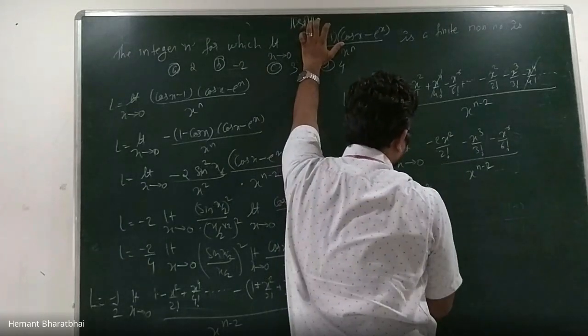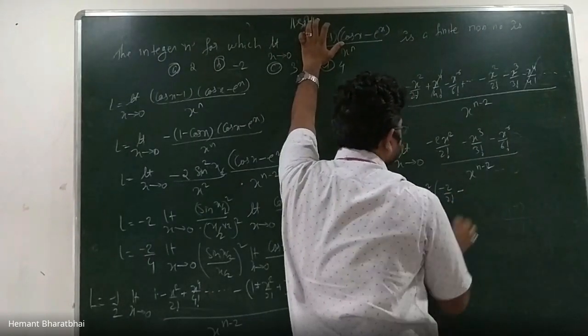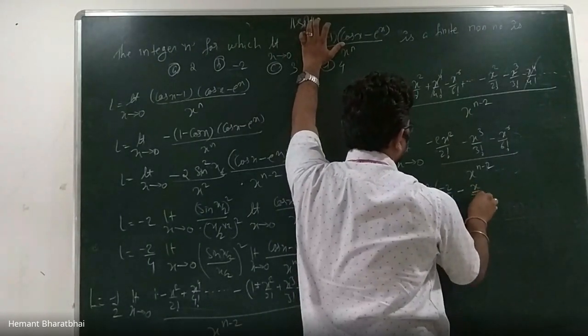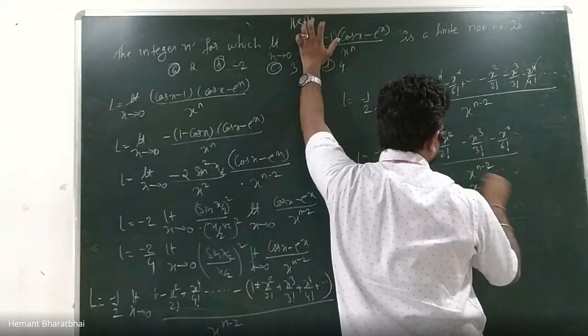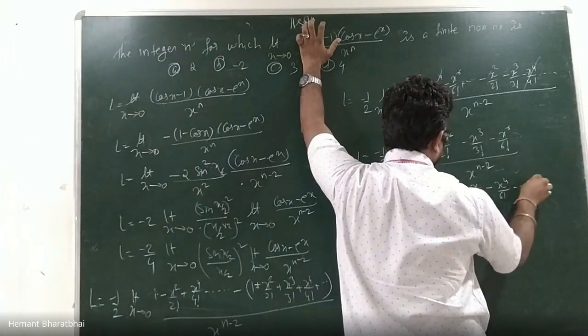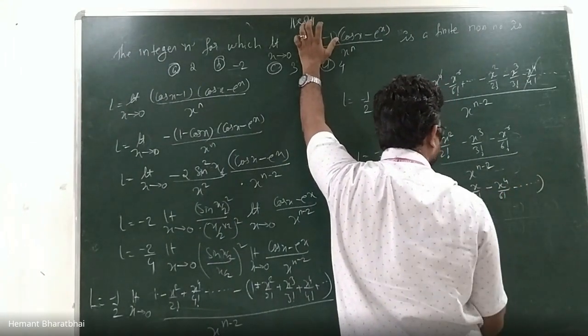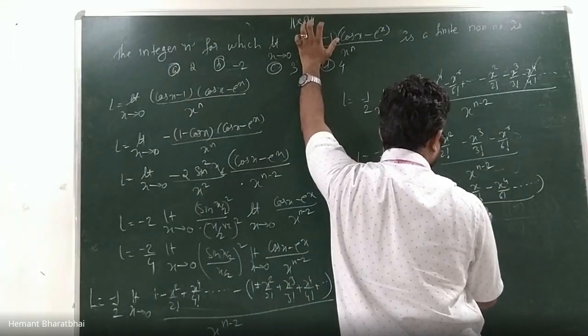I'm taking x square as common, so I'll get minus 2 by 2 factorial, here minus x by 3 factorial, here minus x raised to 4 by 6 factorial, minus and so on, the whole upon x raised to n minus 2.